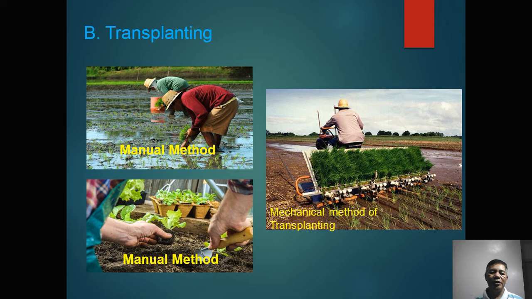Transplanting is the transfer of seedlings from the seed box, from the nursery, or from the seedbed to the final growing area in the field. This means that the farmer will first produce the seedlings through a seedbed, seed box, or any kind of container.